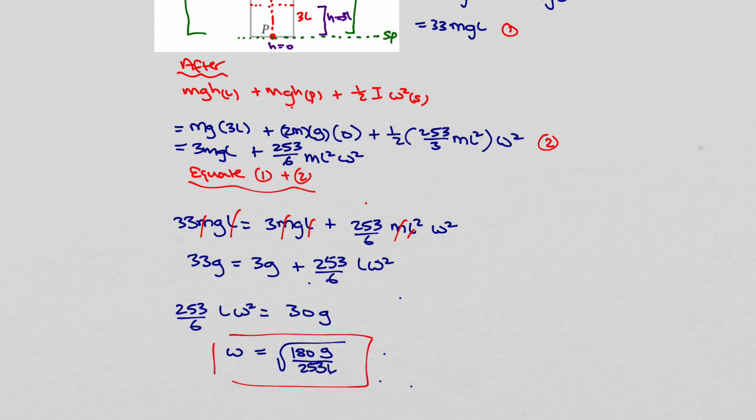Okay, so that's the angular velocity, but it also wants me to get the linear velocity. So v is equal to omega r is our relationship. But we need to know, well, what is this r? So r is the radius of rotation.